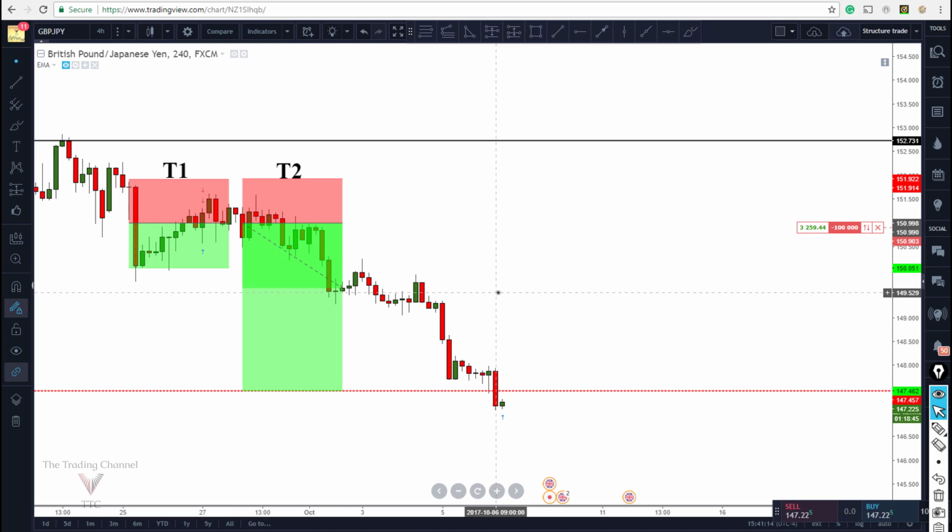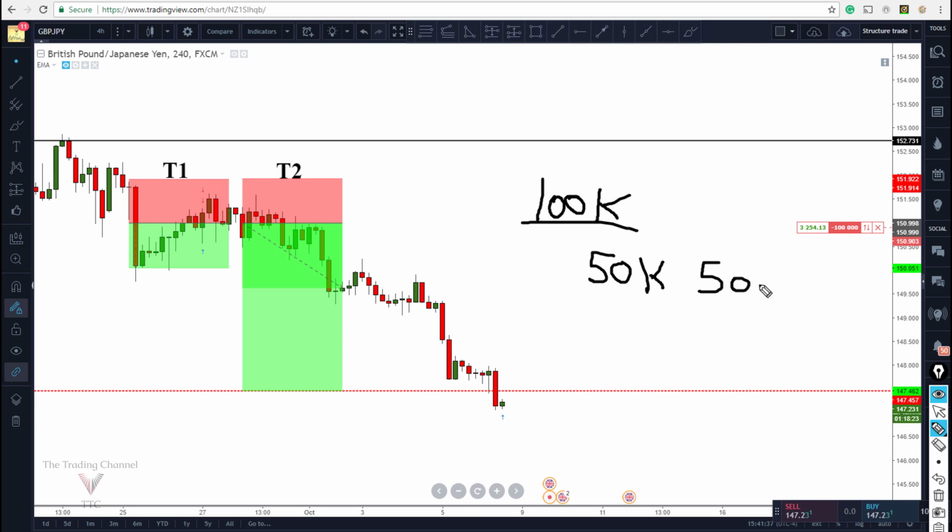Well, just like I said a second ago, you actually have to take out two separate positions. Now, what does that mean? Well, let's consider that you want to trade a full standard lot, 100,000 units of a currency pair. In order to do this using multiple targets, you'll have to open one position with 50,000 units and a separate position with 50,000 units as well.